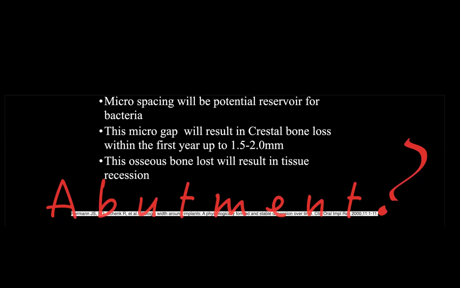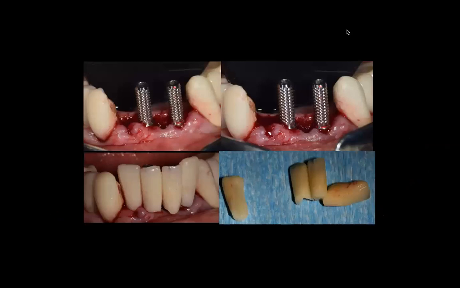Then follow the whole domino effect: the bacteria leads to bone loss, bone loss leads to soft tissue problems, and the soft tissue leads to a poorer aesthetic result in your case. So when you decide to pick a specific temporary, it's best to have a temporary that does not have a plastic connection, but a titanium connection.